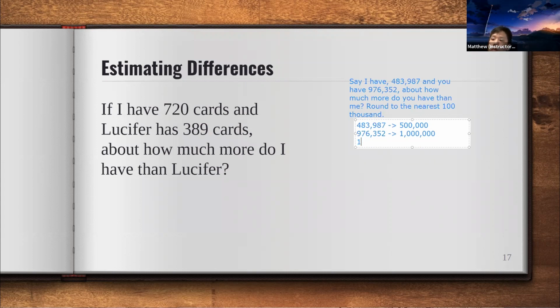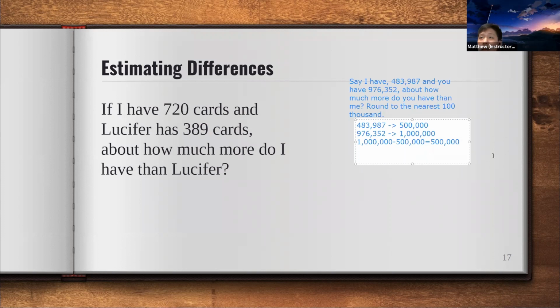So 1 million minus 500,000 is equal to 500,000. So you have about 500,000 more than me.